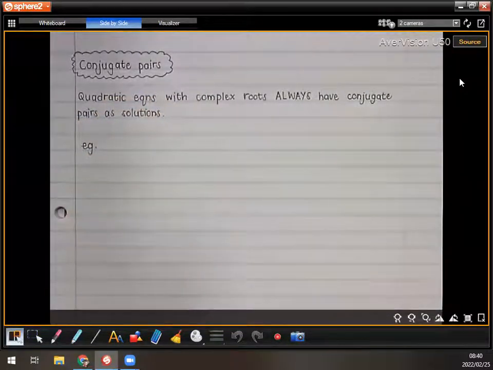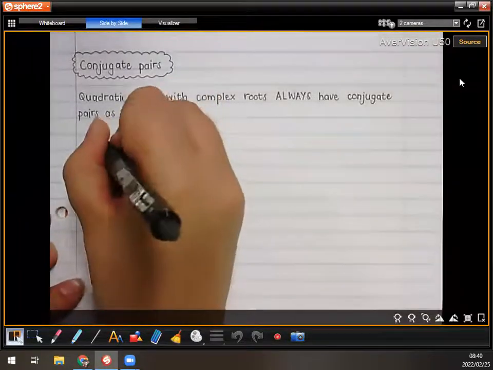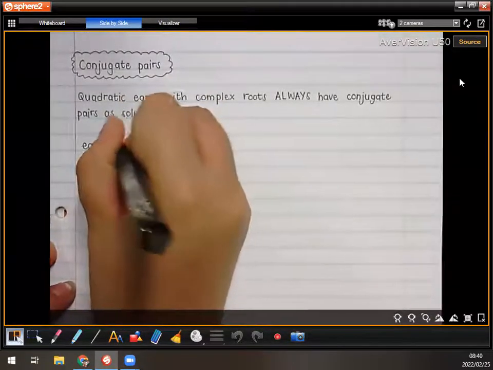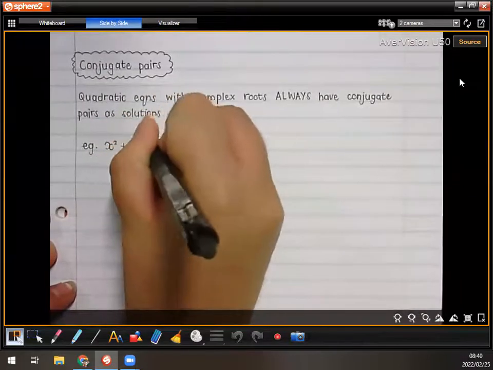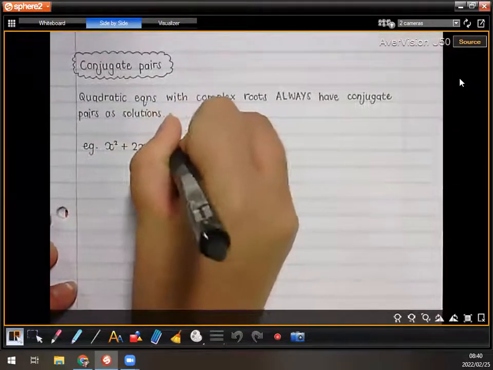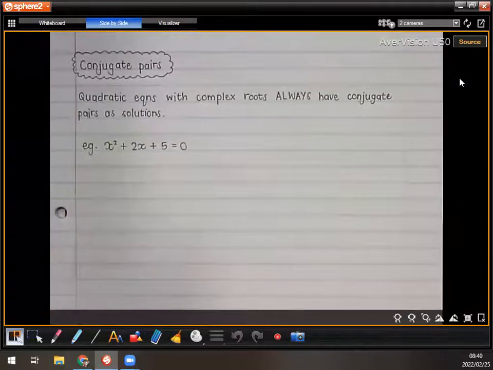For example, I'm just going to write down a few equations and then their solutions so that you can see. So the one that we just did, we have x squared plus 2x plus 5 equal to 0. That was G that we just solved.